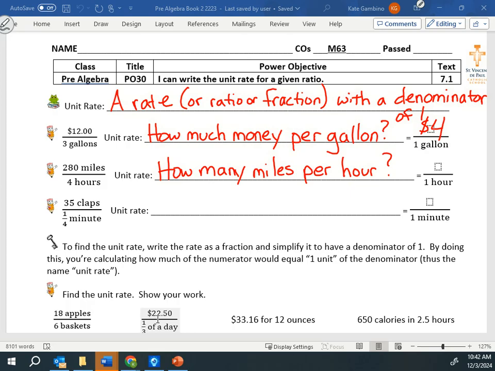So you would also, whatever you do to the denominator, you do to the numerator. So you would divide 280 by 4, and that gets you 70. Perfect. I would want to set my cruise control at 70 miles per hour. I know I'm going 280 miles to get to my aunt's house. I'm going to set my cruise at 70 miles per hour, and I know it'll take me 4 hours to get there.